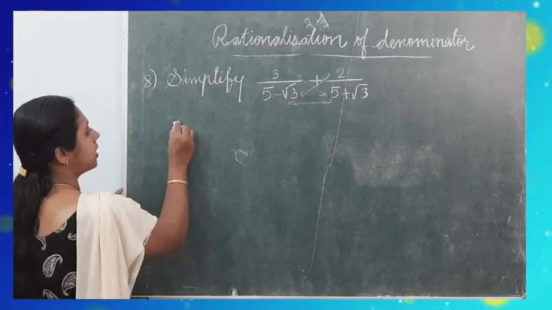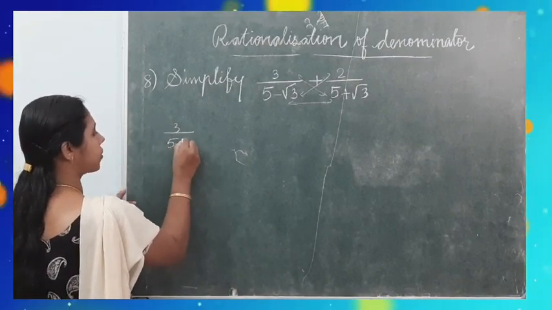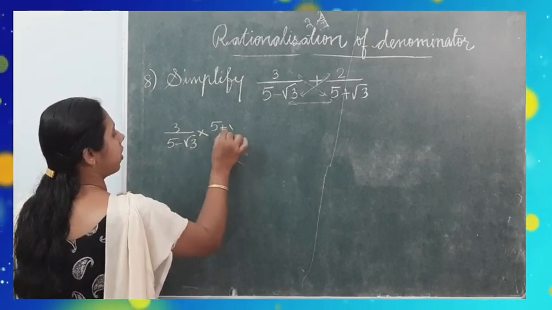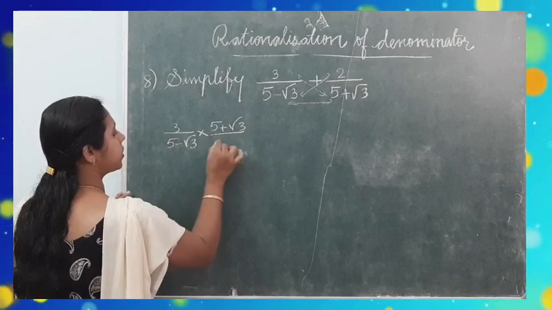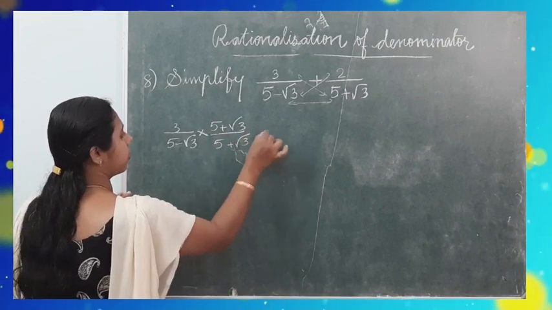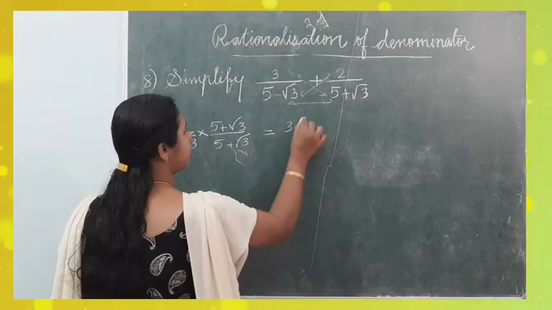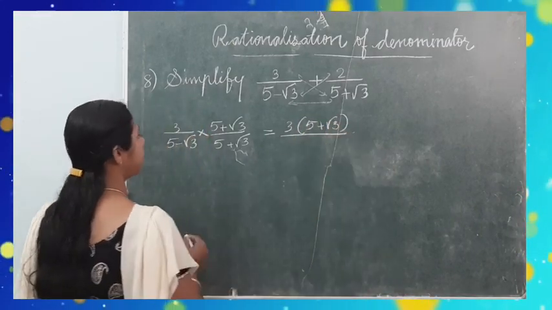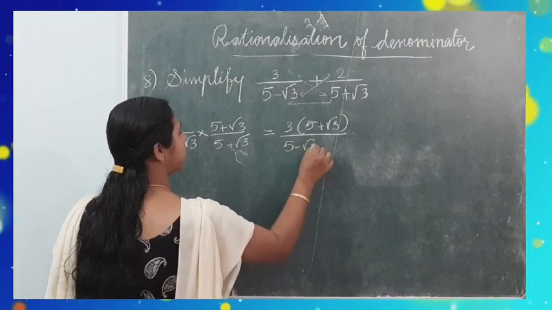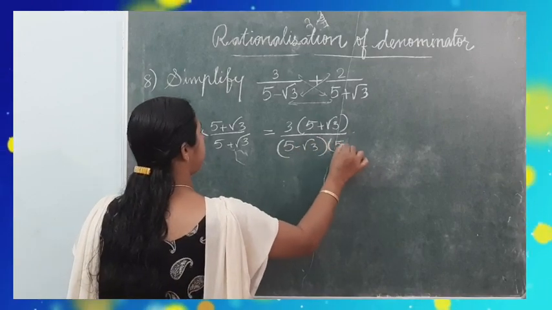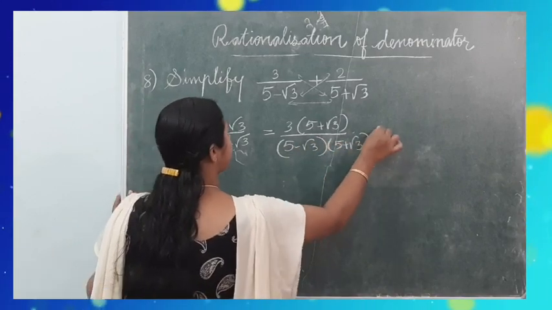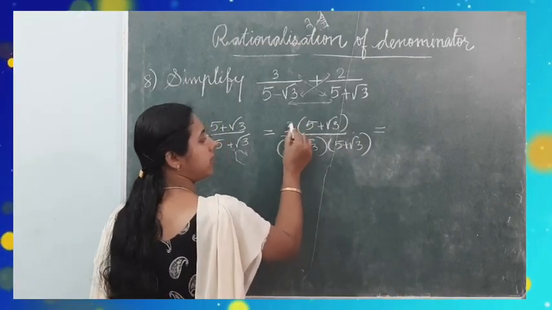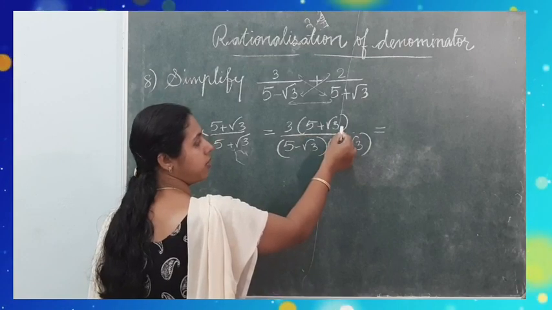So it will be 3 by 5 minus root 3. When you rationalize this term, it will be multiplied by 5 plus root 3. It is equal to 3 into 5 plus root 3 divided by 5 minus root 3 into 5 plus root 3, which is equal to, here we want to multiply 3 into 5 plus 3 root 3.